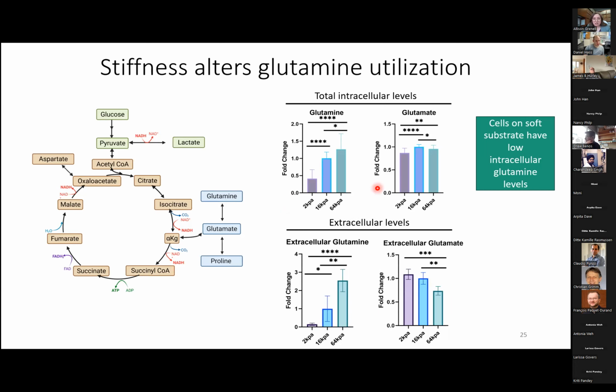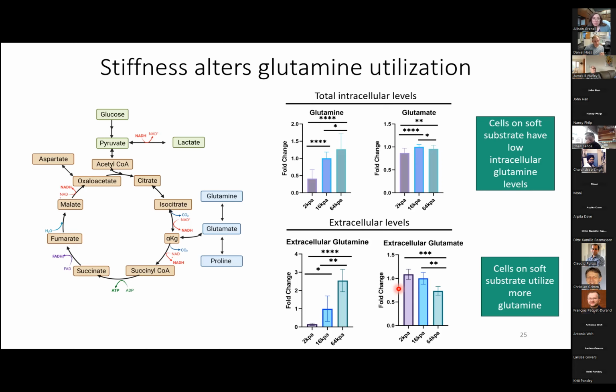And when I looked extracellularly, I found that after 24 hours, there was less glutamine in the media for the softest substrates and more glutamate in the media on the softest substrates, suggesting an increase in glutamine utilization.